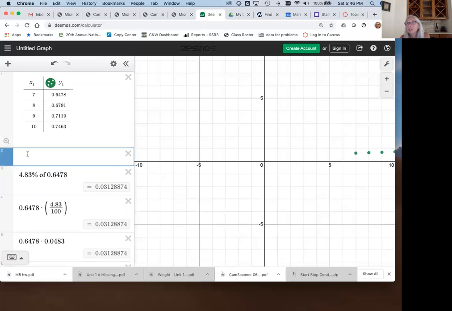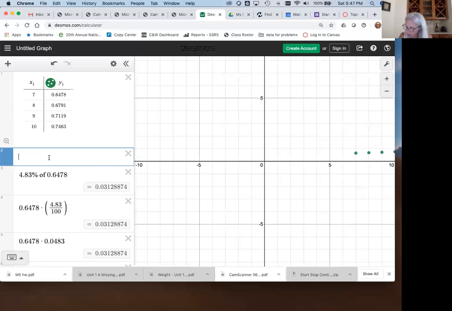That's how rate of change is defined. This 4.83% is not a rate of change. That's a growth rate, but it's not a rate of change. Rate of change literally means the rate, which is a ratio written as a fraction, of the changes, of the change in the output divided by the change in the input.